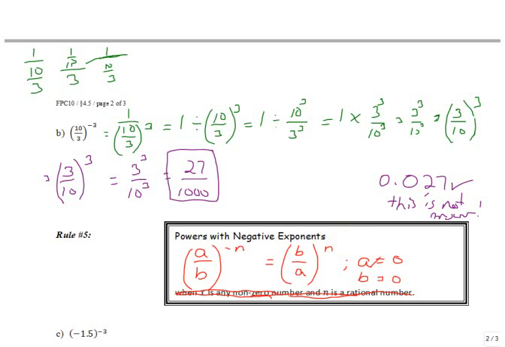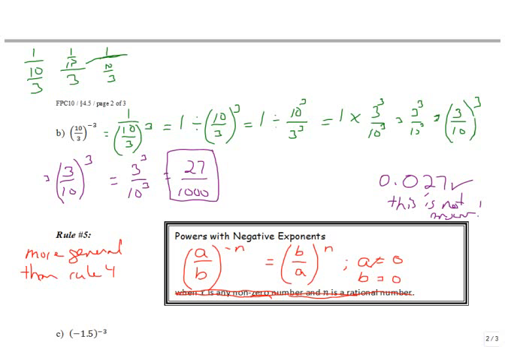This is more general than Rule 4, and you can use this instead of Rule 4, and I will show you that in a minute.